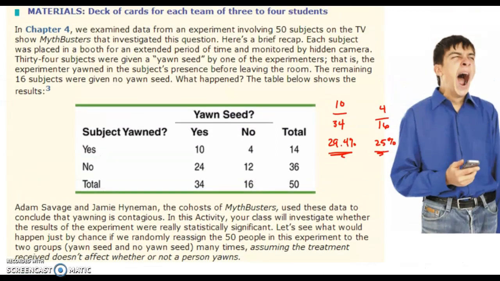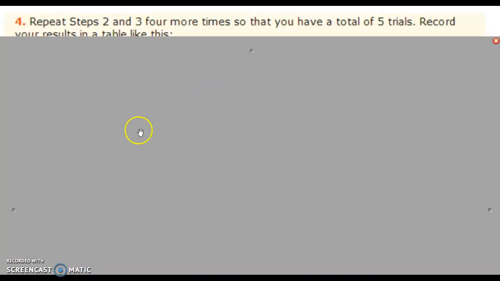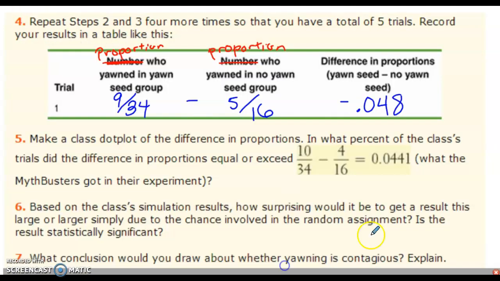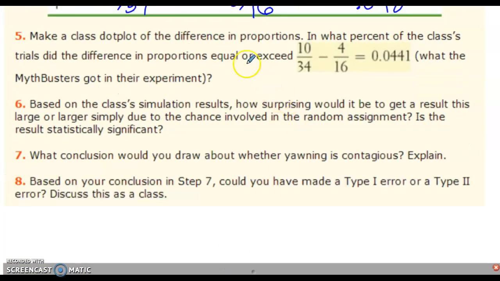Once you have all those simulations, what I'd like you to do is answer some questions about them. The Mythbusters got this difference. In what percent of your simulations did the difference in proportions equal or exceed that number?